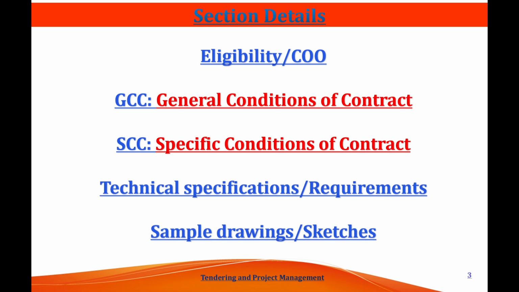And SCC, the next section, SCC, Specific Conditions of Contract, क्या होता है इसमें. So they refer in the SCC section to some of the clauses of GCC and they specify the requirements.